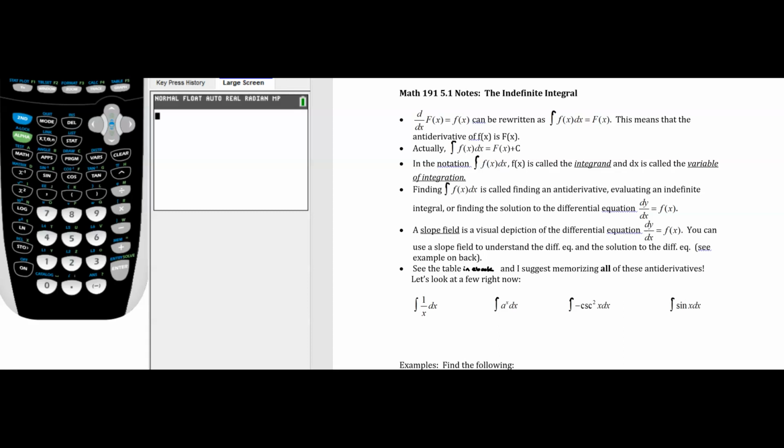Okay, so the indefinite integral. Basically what we're going to start doing here is taking antiderivatives. And so instead of starting with a function and finding its derivative, we're going to be starting with a function and going backwards and figuring out what was the original function that led to this function, which now represents a derivative. So this is the inverse operation to differentiation.